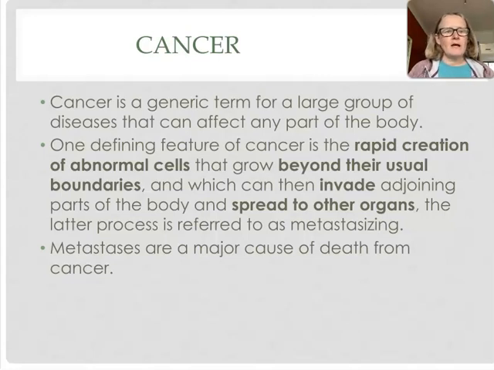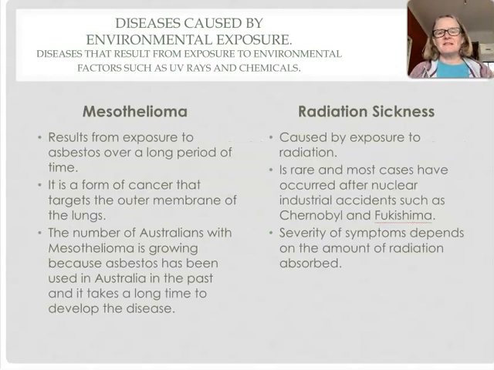Cancer is a whole category of diseases caused by environmental exposure. Before we get on to cancer, this can be all sorts of environmental exposure. You'll be very familiar with UV rays causing skin cancer and things like that, but I thought I'd pick up on a couple of things here. One is mesothelioma, which is a disease which results from being exposed to asbestos.